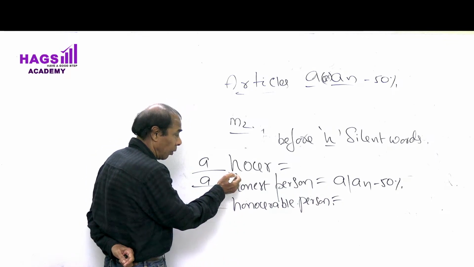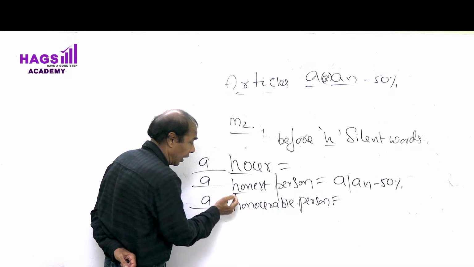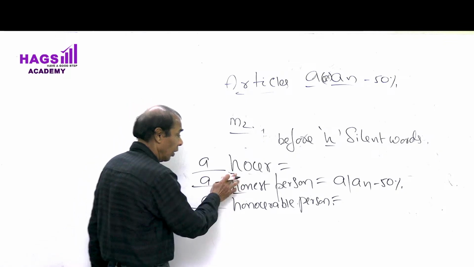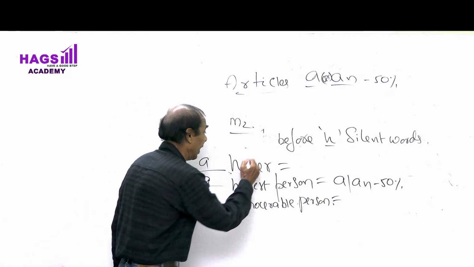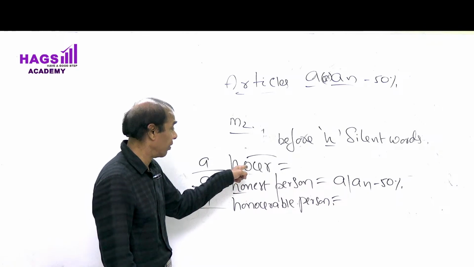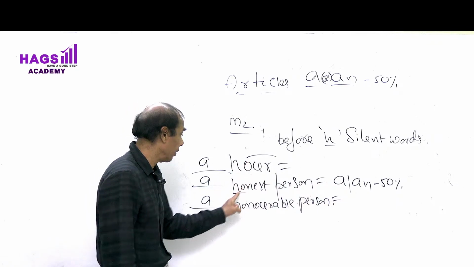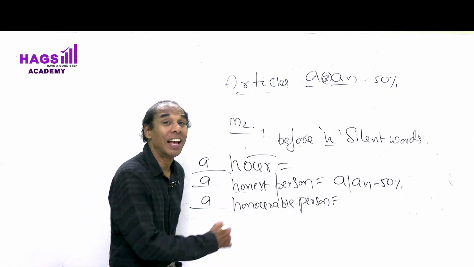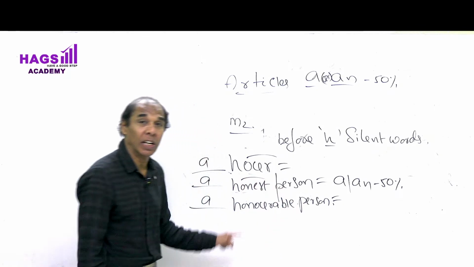Of course, every word's spelling begins with H. But in all these three words, we don't say hour, we say our. The pronunciation of the word begins with O. Similarly, we don't say honest person, we pronounce it onest.